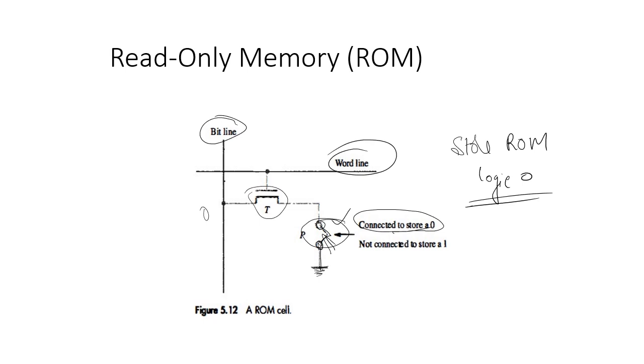So it automatically indicates that the bit line is logic 1. This is how the data is stored in a ROM cell, and this cannot be reversed. You cannot write data to this type of ROM cell again. Once the fuse is burned, it is permanent. It cannot be reverted back. That is the major drawback of this type of ROM cell.